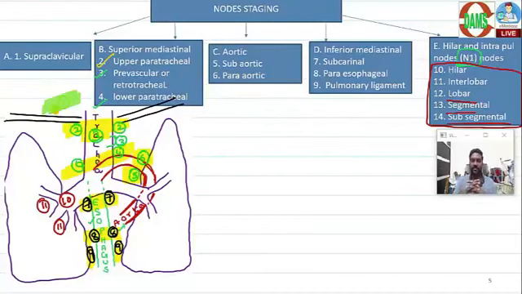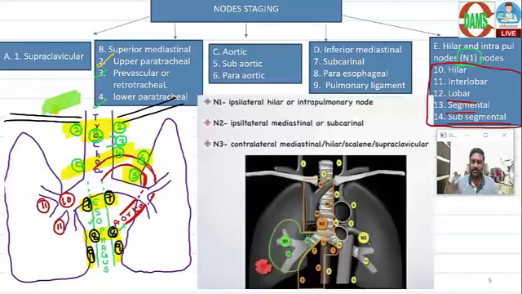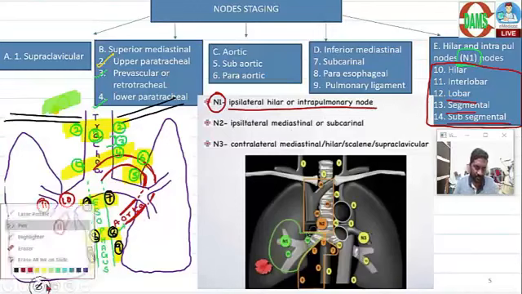This is also called the N1 station: involvement of any one of these, hilar or interlobar, lobar, segmental or subsegmental. Now based on this, how is the nodal staging given? N1 means involvement of ipsilateral hilar or intrapulmonary node. I'll give you an example.